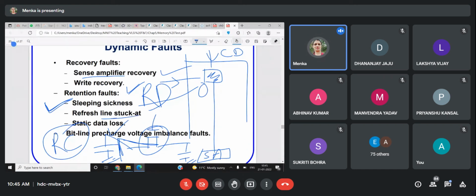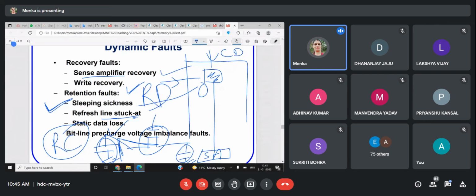Refresh line stuck at faults. Refresh line, as I told you, DRAM has these types of capacitors, so these are refreshed from time to time. Refresh line stuck at fault means you wanted to refresh the data. Generally these are pre-charged to VDD by 2 to restore the data.